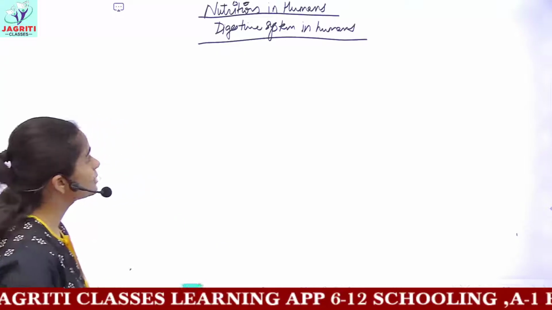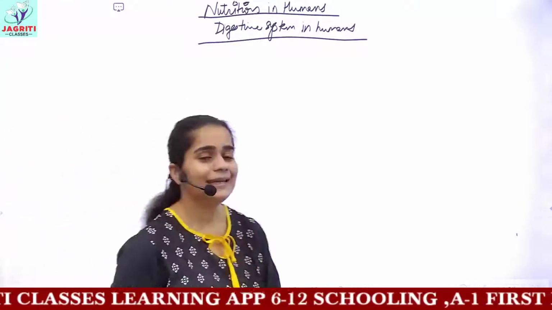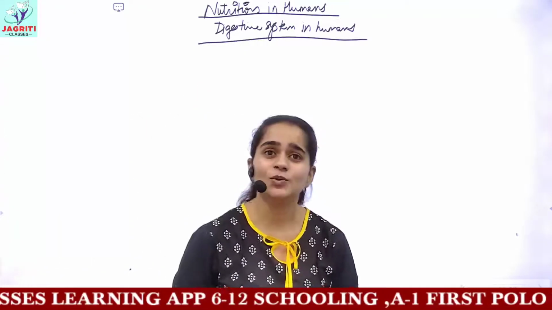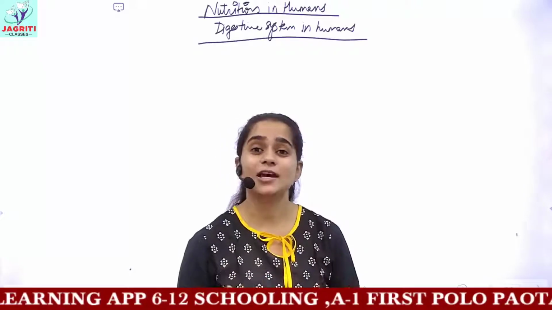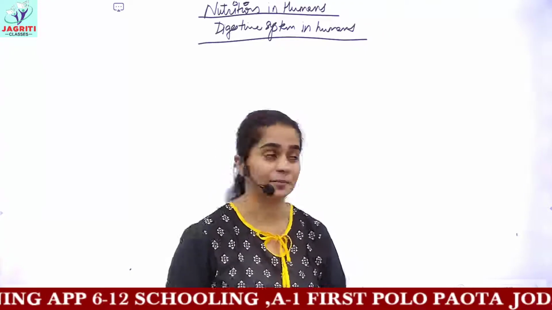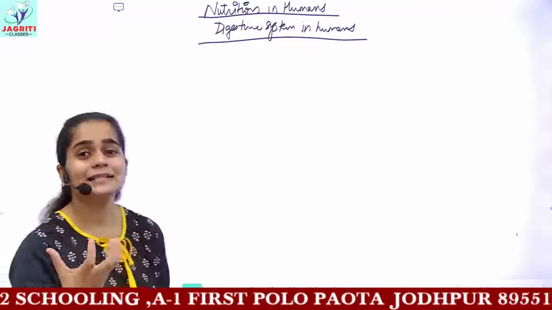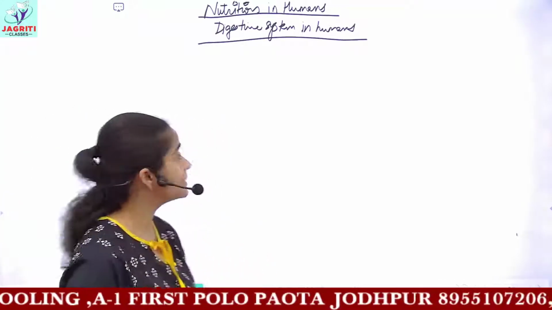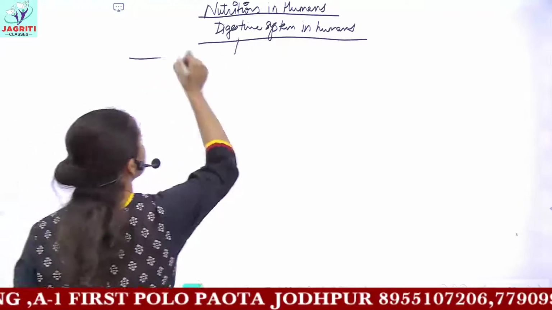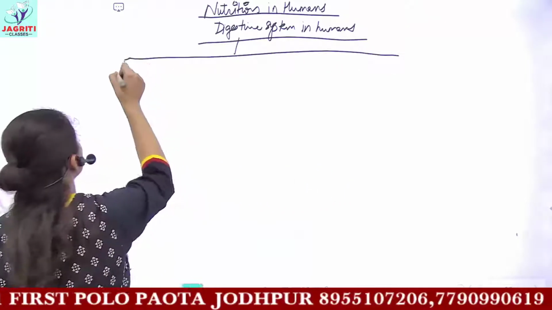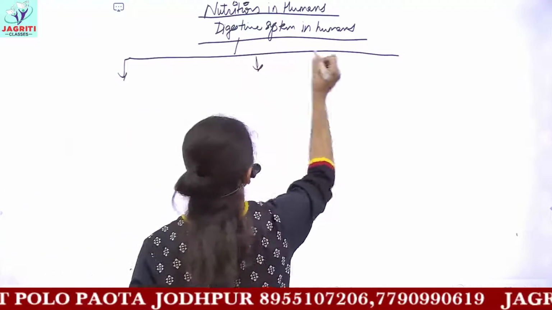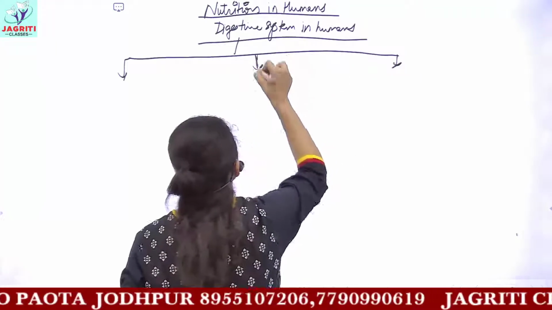So, the digestive system of humans: why do we need a digestive system? If I ask you, can you answer? What is the actual need of this digestive system? Because whatever food you are taking is in the form of complex substances. So you can have many purposes, or answers to why you actually need a digestive system.